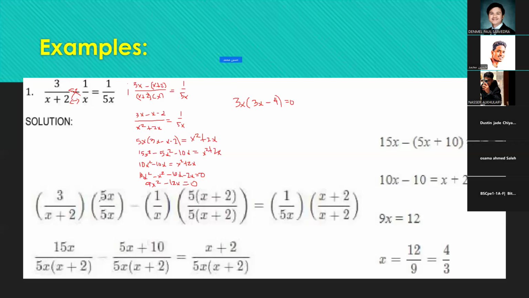So it multiplied 5x over 5x because it wants to cancel out. Negative 1 over x is equal to... Okay, so it's now 1 over 5x times x plus 2.